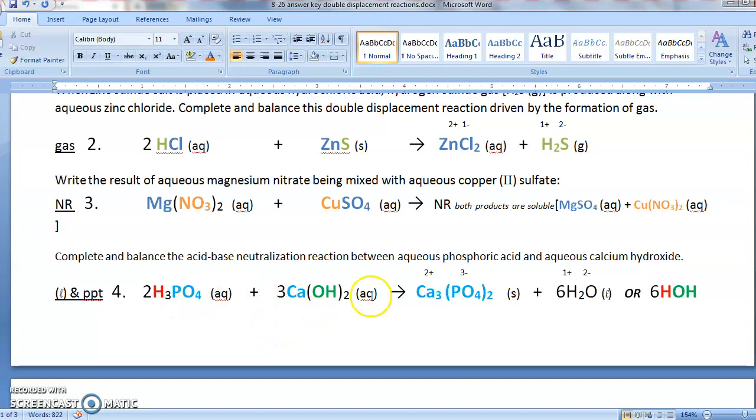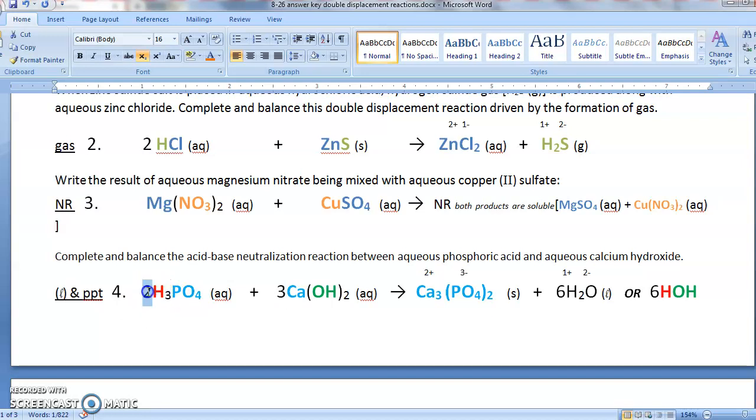Now, how do we balance this one? We have three hydrogens joining up in the ratio of two hydroxides, 3 to 2. The smallest number 2 and 3 both go into is 6. So we put a 6 in front there. We have two hydroxides there, so we need a 3 in front. 3 times 2 is 6. We have two hydrogen ions breaking off the phosphate.